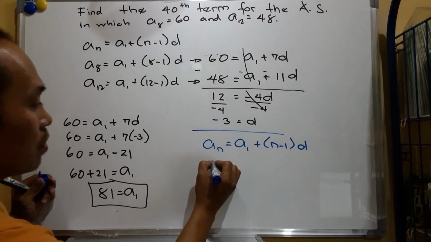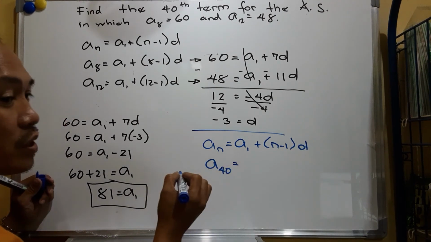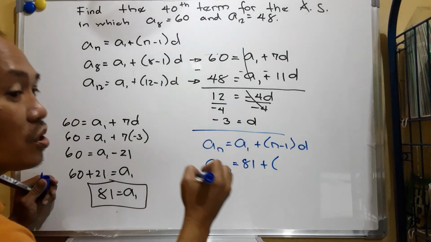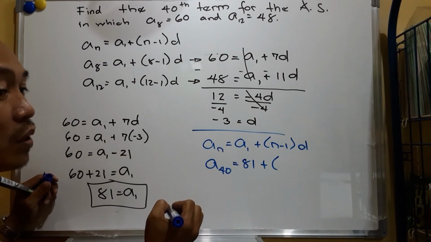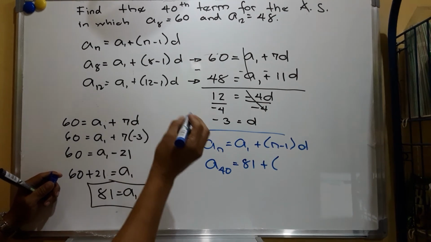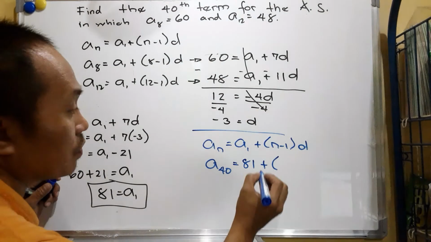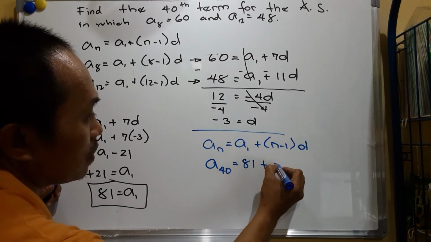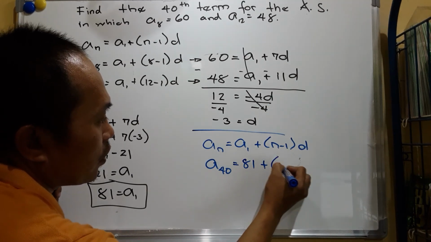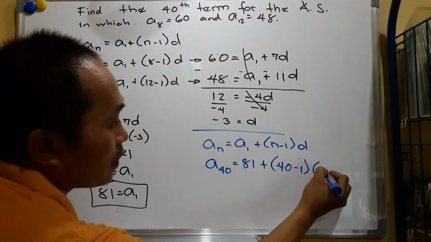Substitute: a sub 40 is equal to a sub 1, which is 81, plus 39, that is 40 minus 1, times our d, which is negative 3.